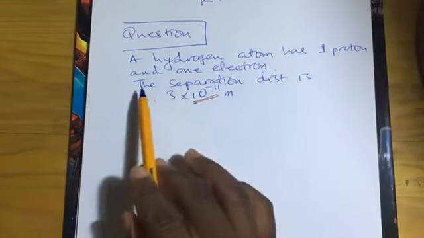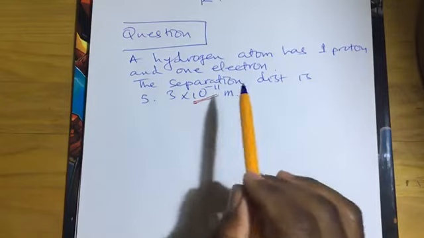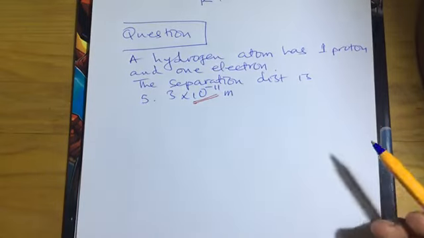So a hydrogen atom has 1 proton and 1 electron, and the separation distance is 5.3 times 10 to the power negative 11.